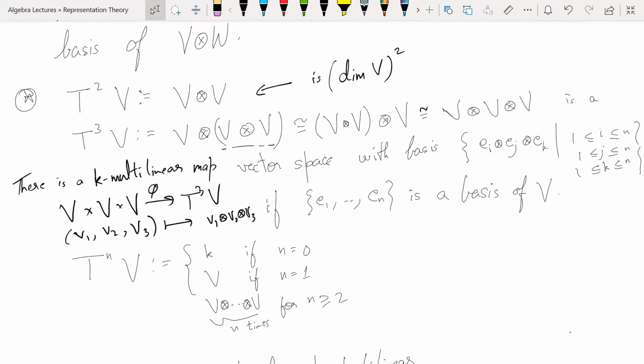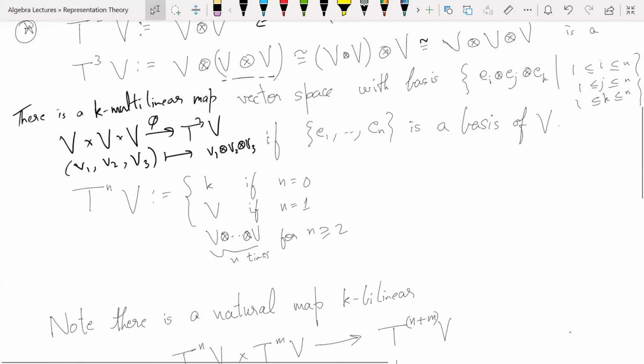So a reasonable map doesn't have any chance of being a bijection. Though phi is not a vector space map, it's still a somewhat reasonable map. It's a multilinear map.